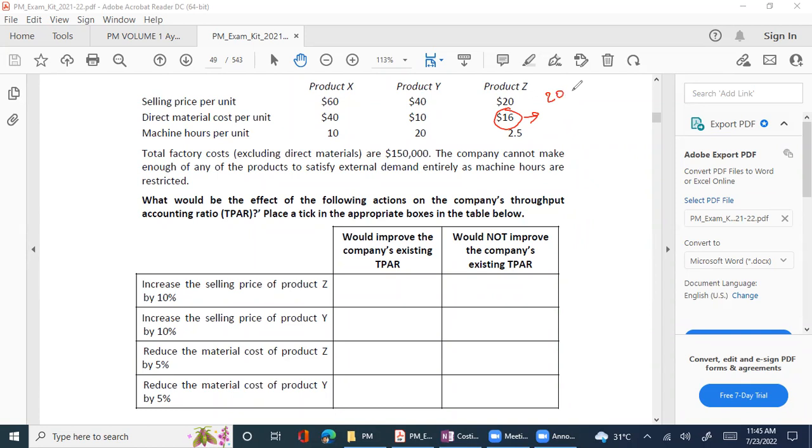How is this 95%? Because 5% is reduced. So out of 100, 5 is reduced. So the remaining will be 95%. You can take the 5% of 16, then subtract from 16, you will also get the same answer.